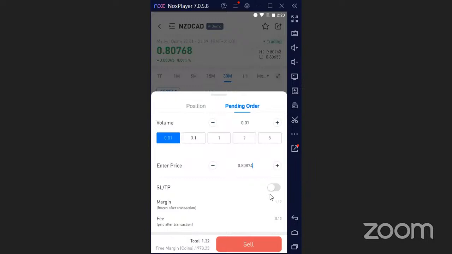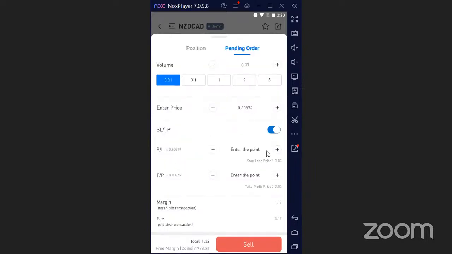Now let's set our take profit and our stop loss. Let's say we have a stop loss of 0.80950, then our take profit at 0.80713.